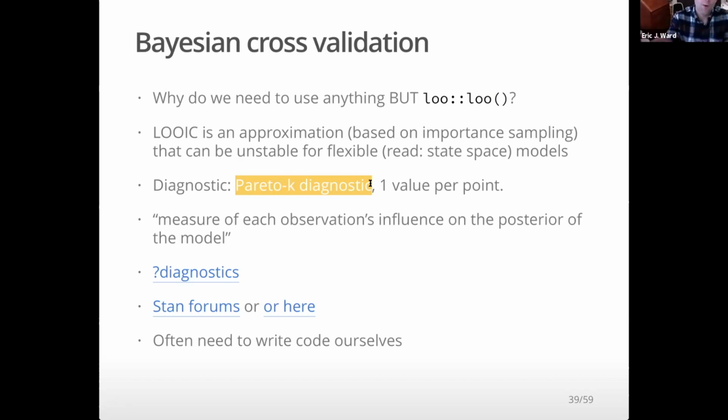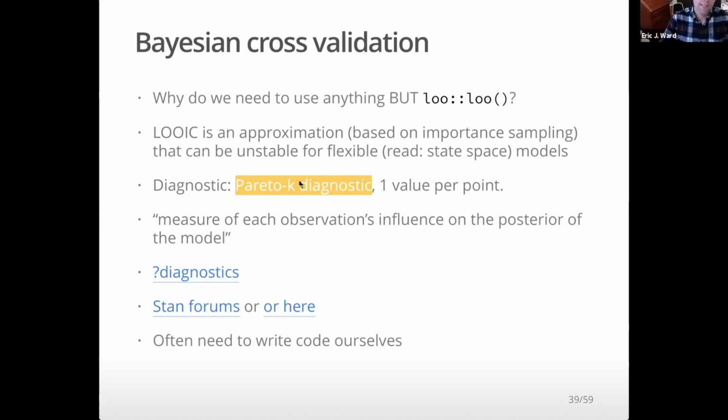The general assumption is that it fits a smooth Pareto distribution to each of these posteriors. In cases where that's a mismatch, it's going to throw you this warning, or basically label them as bad.